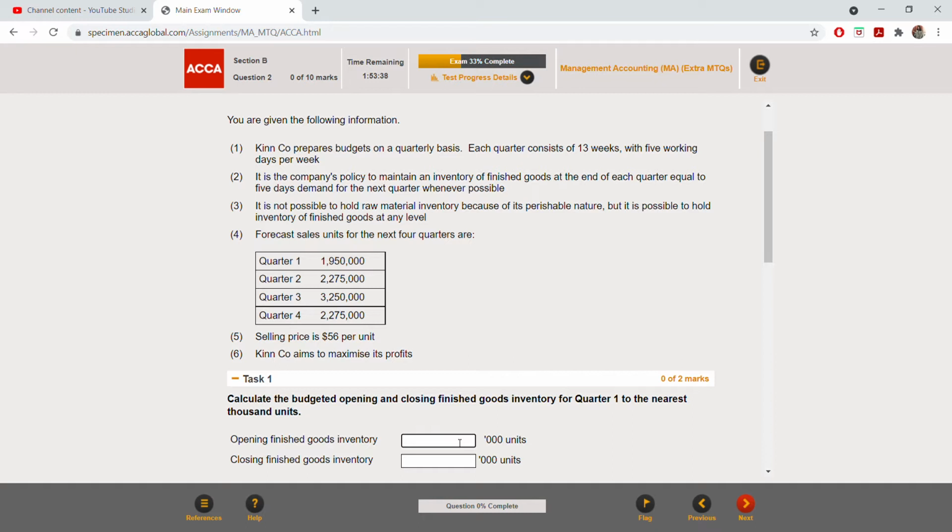What is the forecast sales? First, you have to find for the quarter 1. So the company's policy is to hold inventory equivalent of 1 week sales of the next quarter. So quarter 1 the sales is this one. This is the sales. Okay. This divided by 13 weeks. How many weeks? They told there are 13 weeks. Each quarter consists of 13 weeks. So divided by 13, it will be 150,000 units.